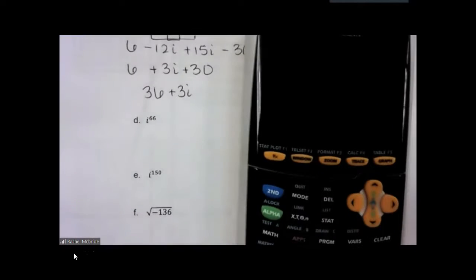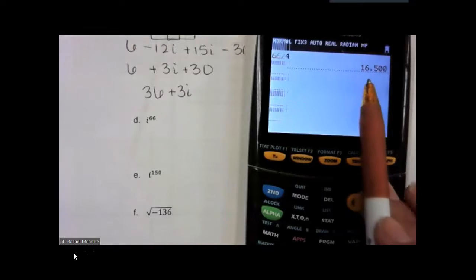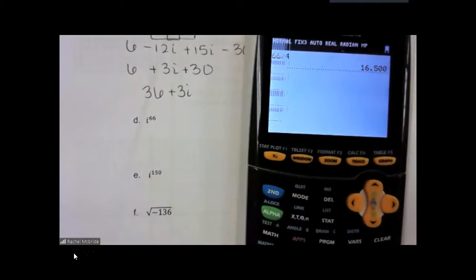And then for powers of i, you just take that number and divide it by 4. So you get a remainder of 0.5. So that tells me that i to the 66 is really like i squared, which is negative 1. And then simplifying square roots.